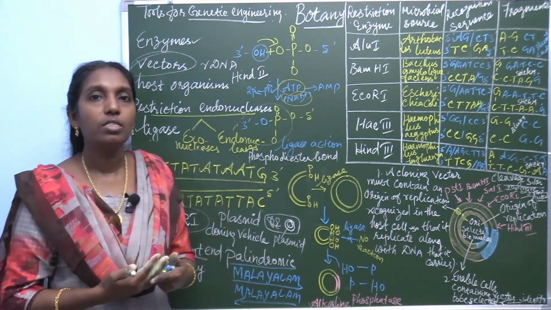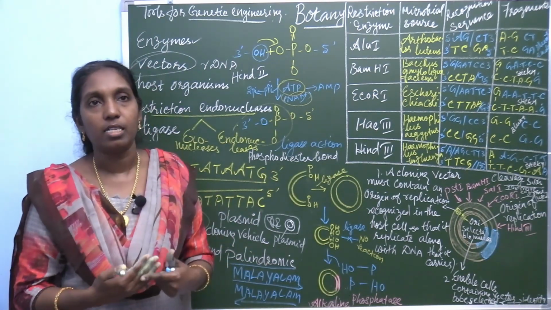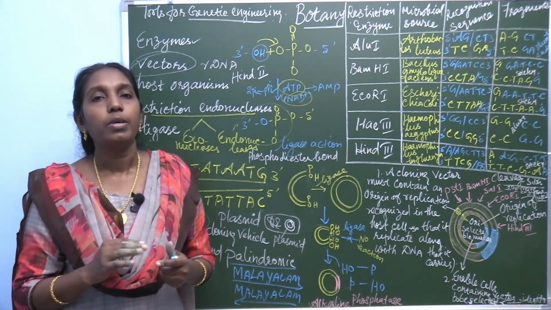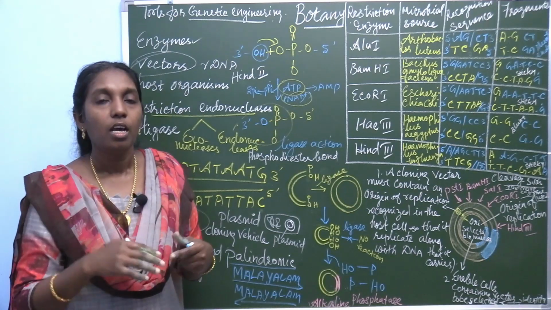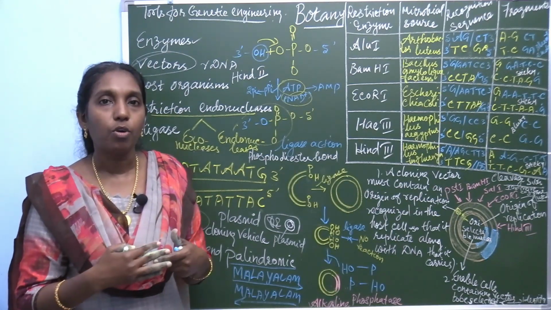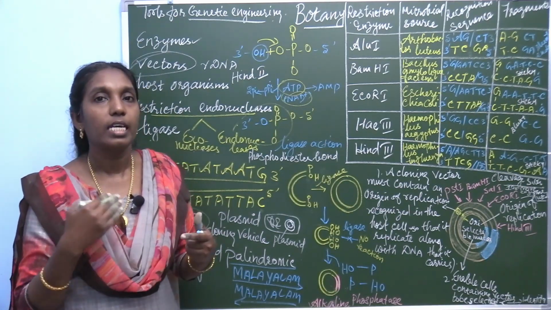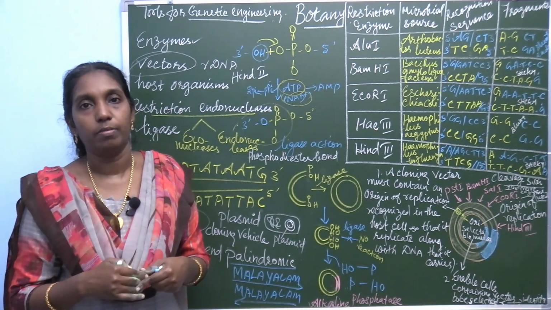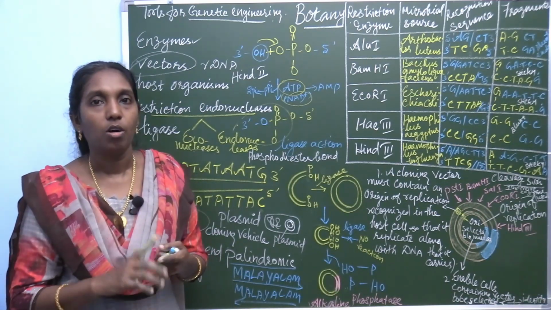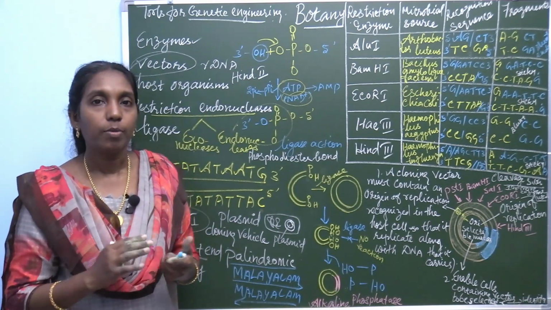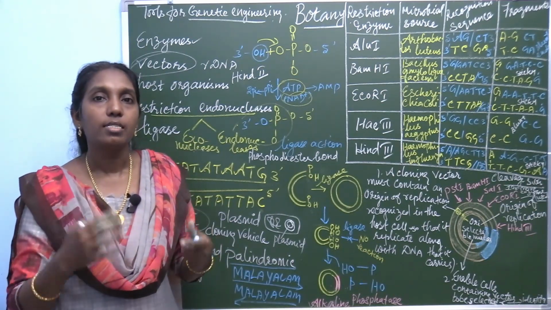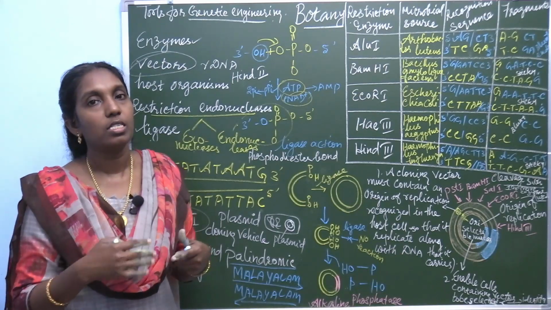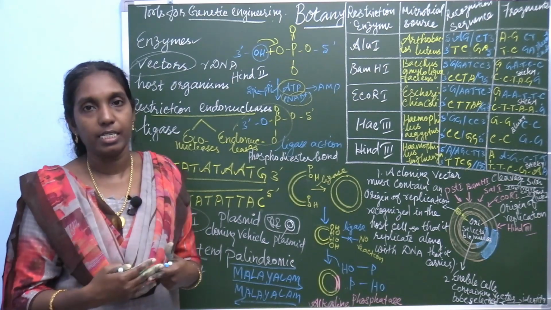So, what is the feature of these vectors? The vectors can be replicated. It should be replicated. It produces a number of copies along with this inserted DNA molecule. That is the property of a vector. What are the properties of vectors? It is self-replicating.